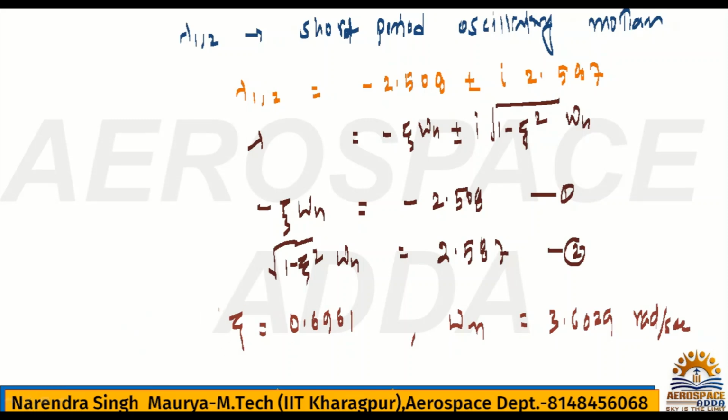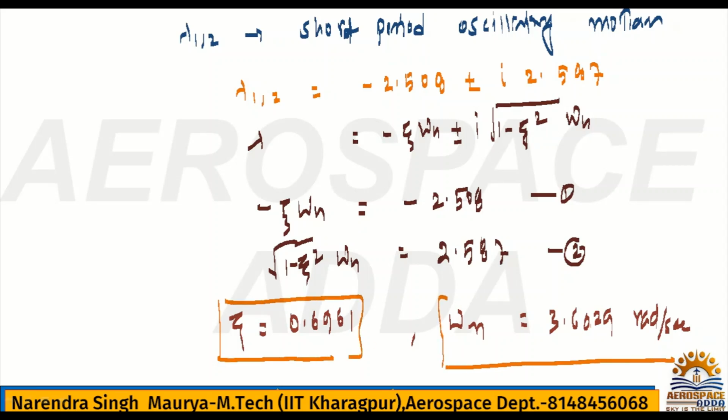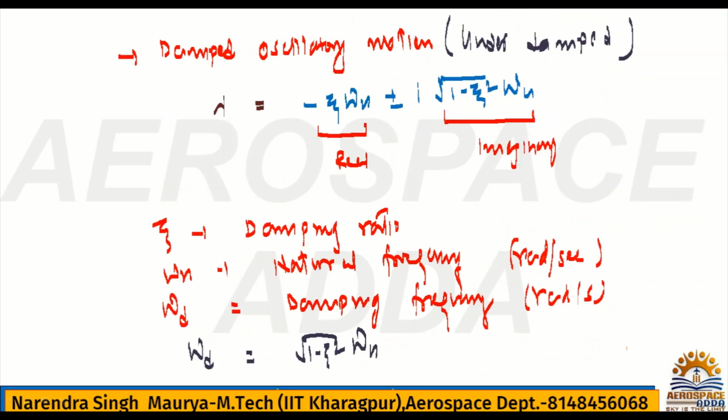So this is the chi value from equations 1 and 2, and this is omega n. What they asked was the damping ratio, or damping factor, also called chi. There should not be any confusion.